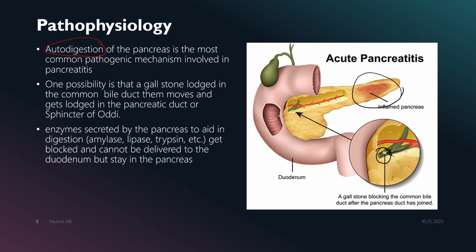Now, one way to look at the inactive enzyme, let me give you an example. For example, trypsin. Trypsin is actually trypsinogen. So when we look at the word trypsinogen, anything ending in -ogen means that it is inactive. So this is how it will exist in the pancreas, as trypsinogen.